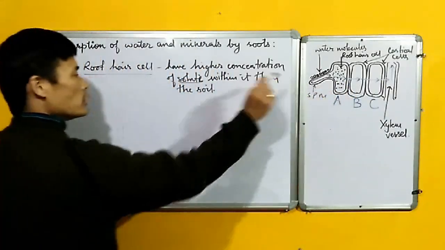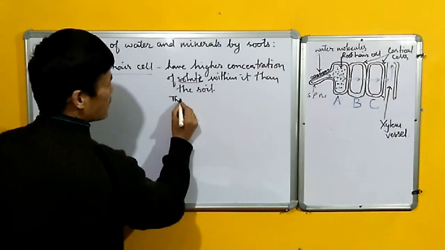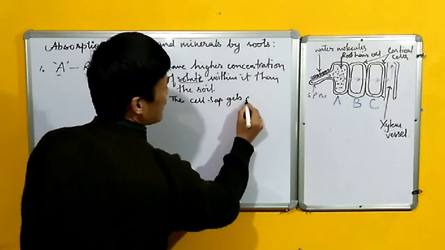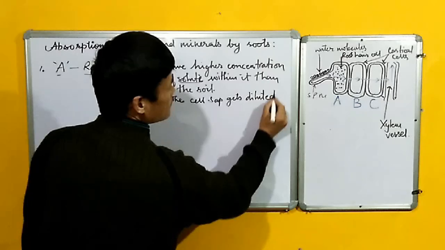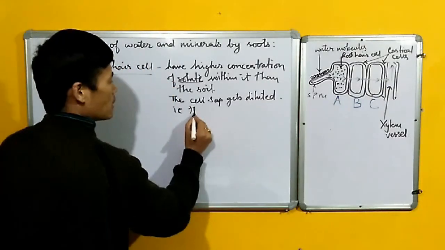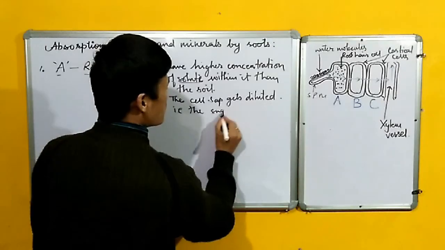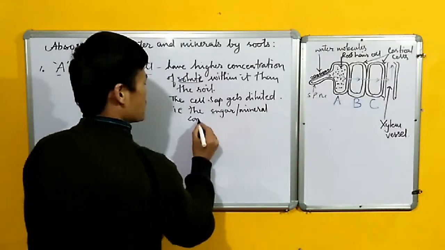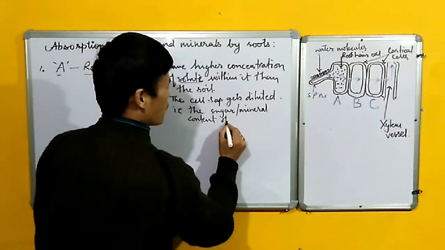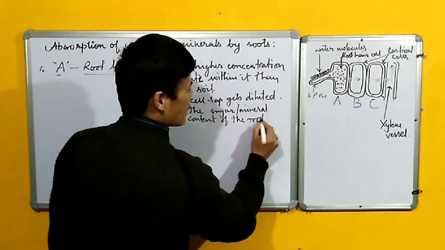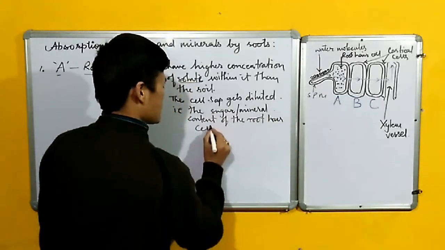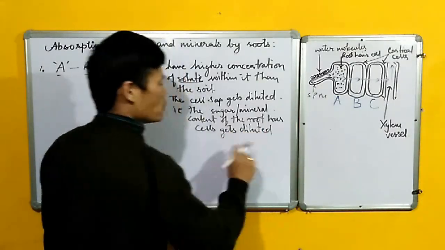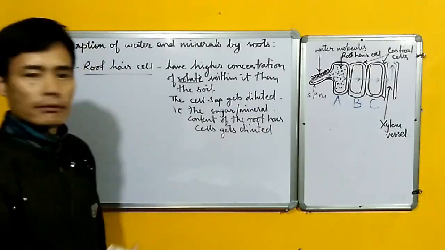Now what happens when water begins to enter into this root hair cell? The cell sap gets diluted. That is, the sugar or mineral content of the root hair cells gets diluted due to continuous inflow of water.